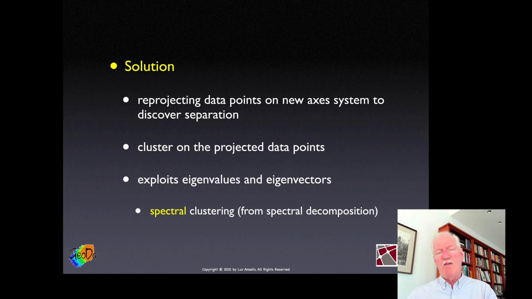Once we have that separated, we reproject back to the original so we can interpret the data. It's very similar, although not the same, as clustering on principal components, but we'll see the connection between the two. Basically, it uses eigenvalues and eigenvectors again.